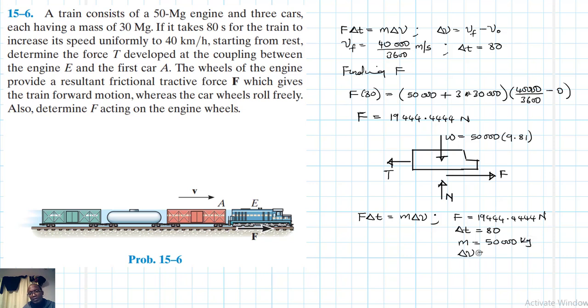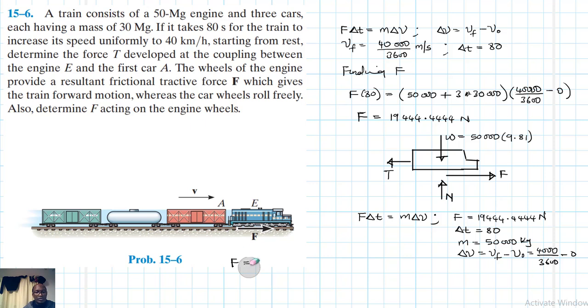Delta v is v final minus v initial, which is the same 40,000 divided by 3,600 minus 0.